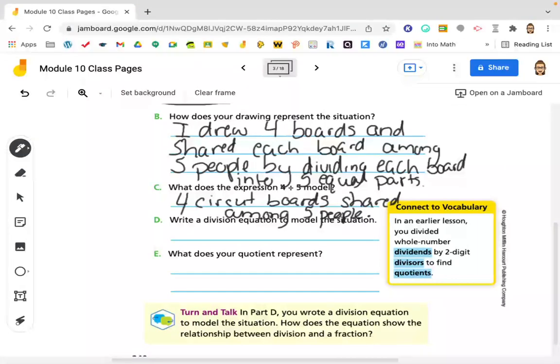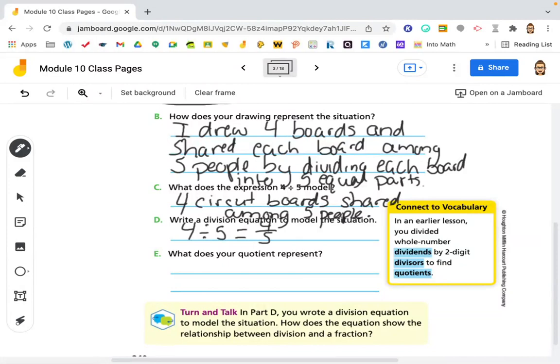And it says, write a division equation to model the situation. So we would do 4 divided by 5. And that would give us, because with division we can write this as a fraction, 4/5.